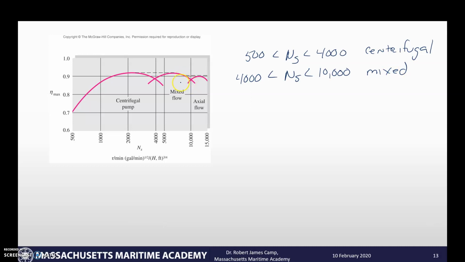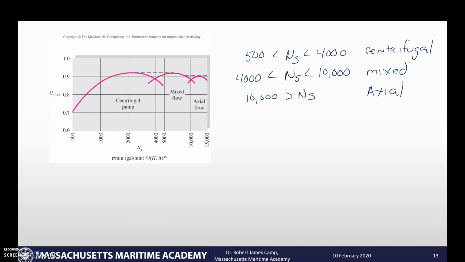Once again, at 9,900, can I not use an axial flow pump? No, it's just that the mixed flow will be more efficient. And then when we're at anything bigger than 10,000, we'll use an axial flow pump. And so this is a quick way to calculate what kind of pump we're going to use.